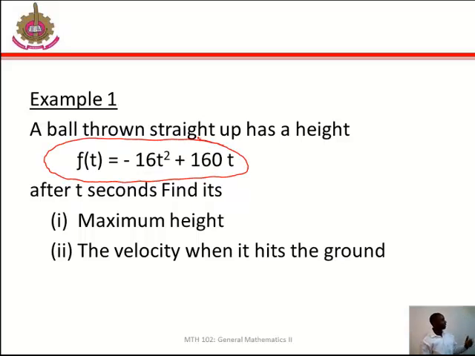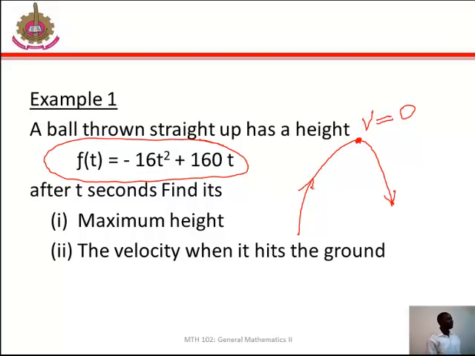So in order to find the maximum height, we are going to first picture this in a practical form. When you throw something up, the maximum height is reached when the velocity of the ball equals 0. At this point, the ball begins to come down again. So our maximum height is going to be when v equals 0.